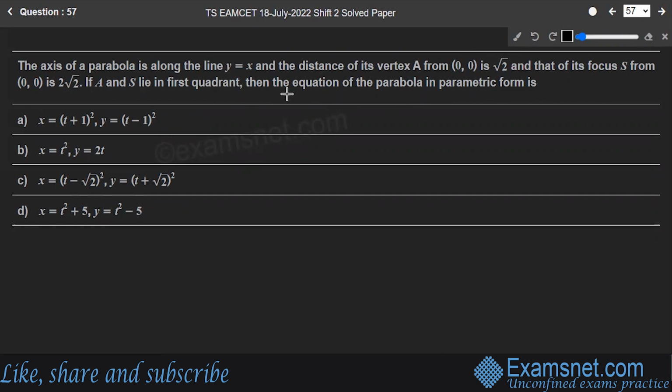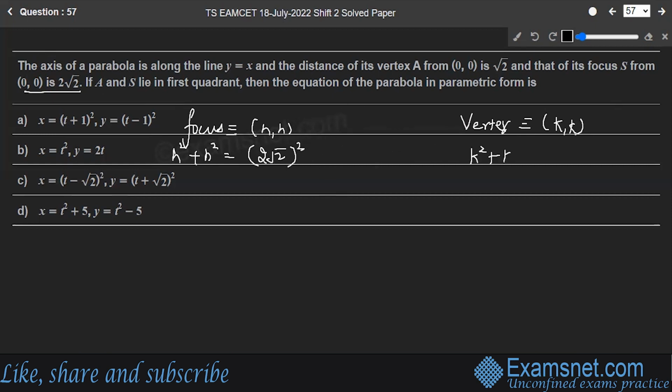As the axis is along the line y is equal to x, let the focus have coordinates h, h and the vertex k, k. The distance of the focus from the origin gives h square plus h square is equal to 2 root 2 whole square. Similarly, k square plus k square is equal to root 2 square.